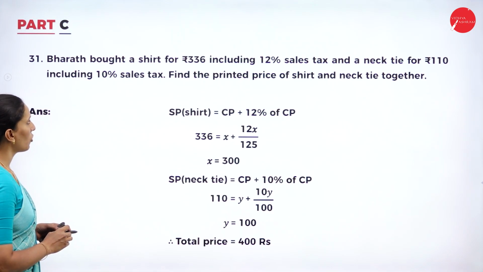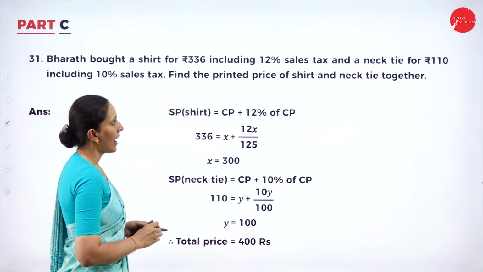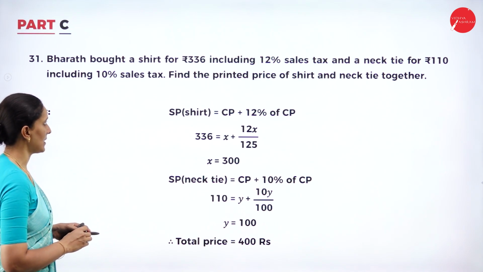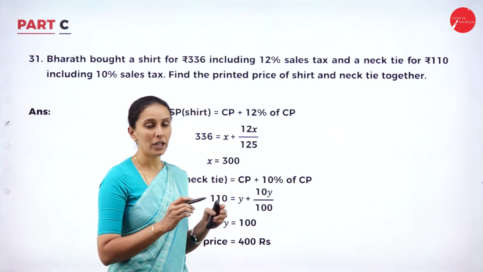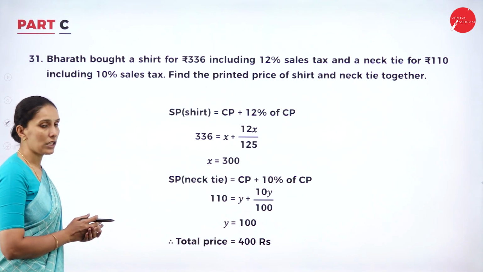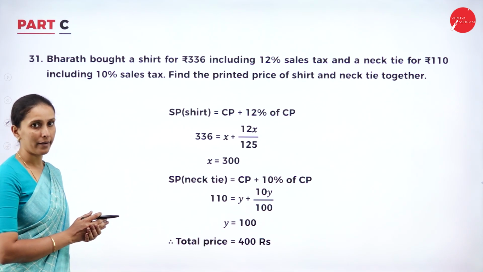Next, Bharat bought a shirt of rupees 336 including 12% sales tax and a necktie of rupees 110 including 10% sales tax. Find the printed price of the shirt and necktie together. So, we need to find the total value of the shirt as well as the necktie. So, this is a question from sales tax and value added tax.